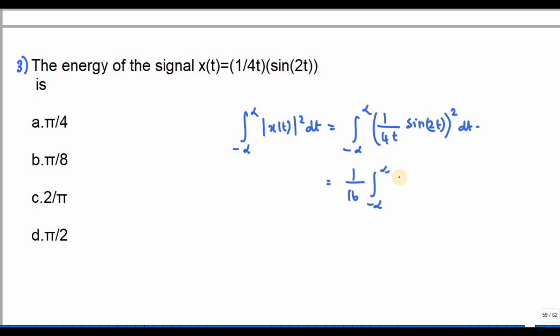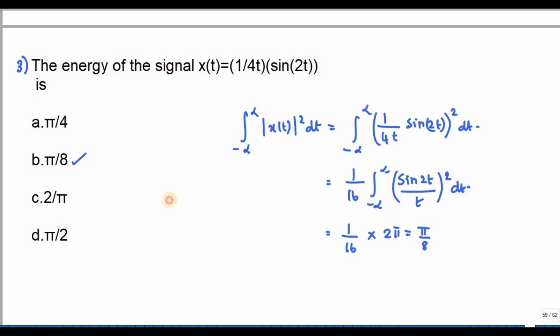This is equal to 1 by 4, and if I take it common, I will get 1 divided by 16, integral from minus infinity to infinity of sine 2t by t the whole square dt. Since it is in the modulus, 1 divided by 16, the integral of sine t divided by t the whole square gives pi.